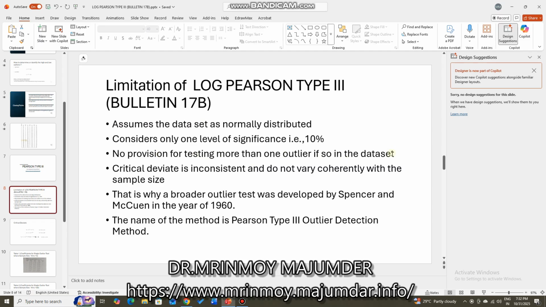The fourth limitation is, the table from where we identify the critical deviate, or rather K subscript n, where against different sample sizes the value of critical deviate is given.